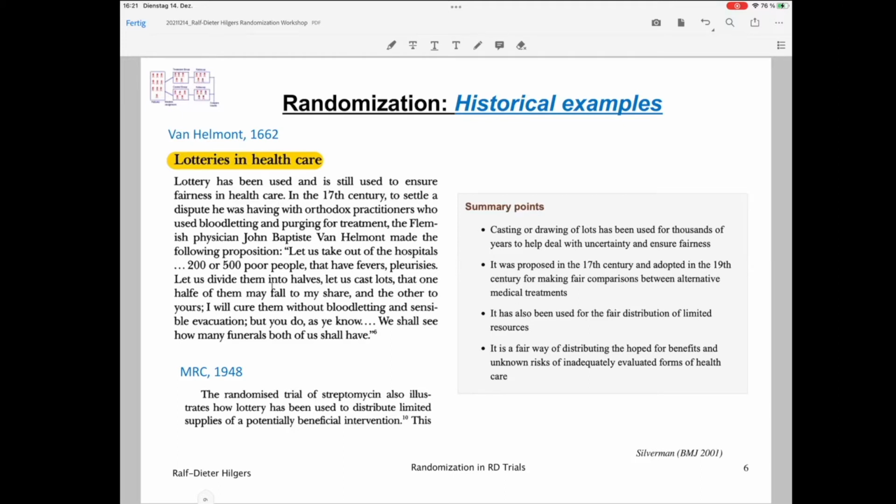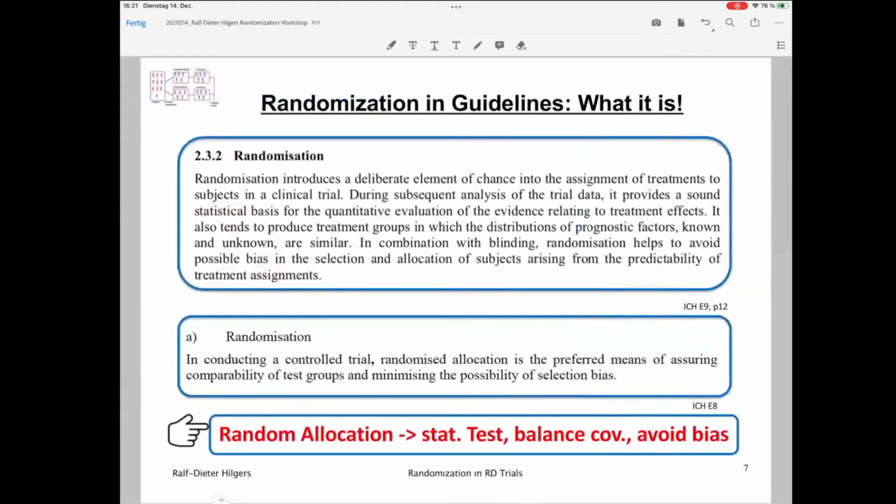And here the randomization was coming into place by Bradford Hill, and this was some sort of game changer in that direction, because up to that point, a very well established allocation procedure, they called it in this time a randomization procedure, was the alternating sequence, which is nowadays not considered as a randomization procedure. So what does the regulator say in that perspective?